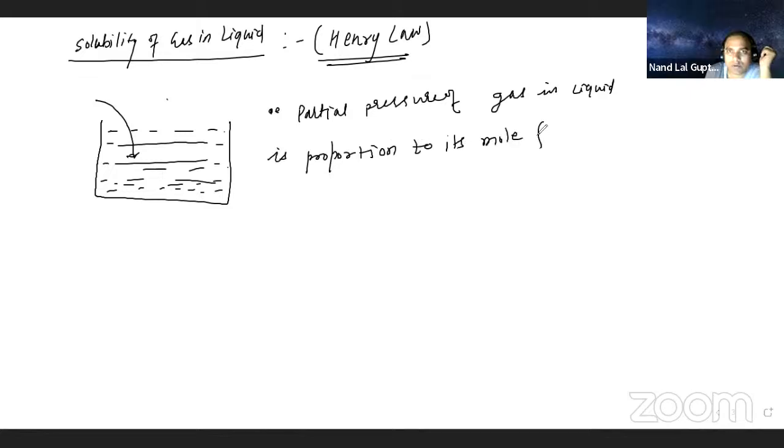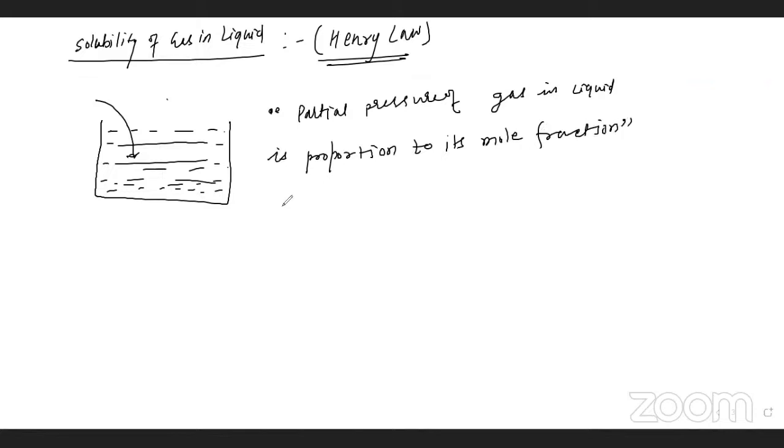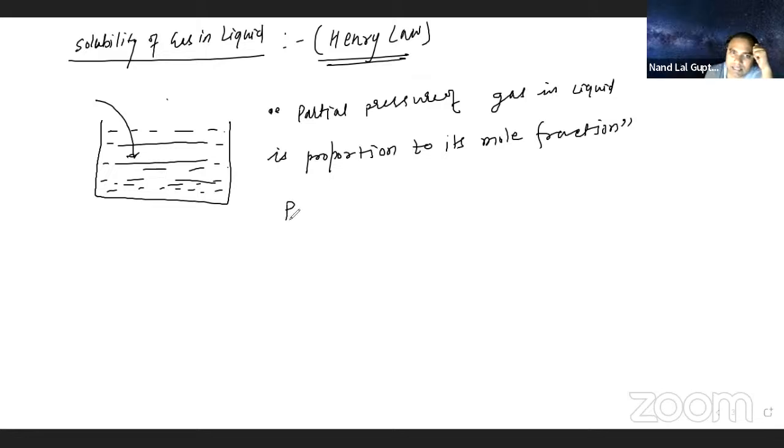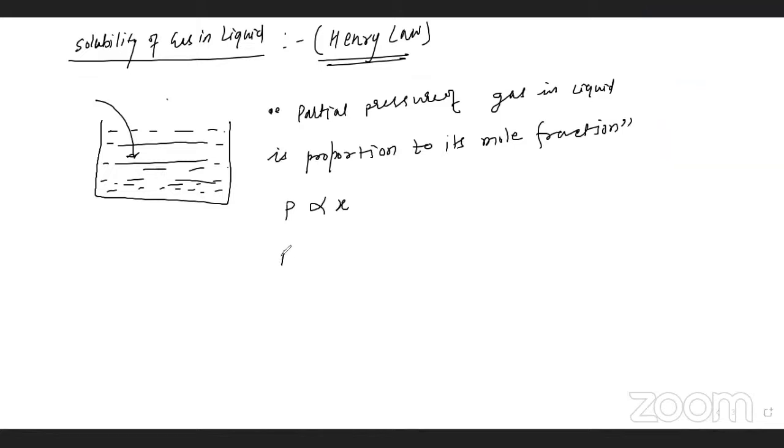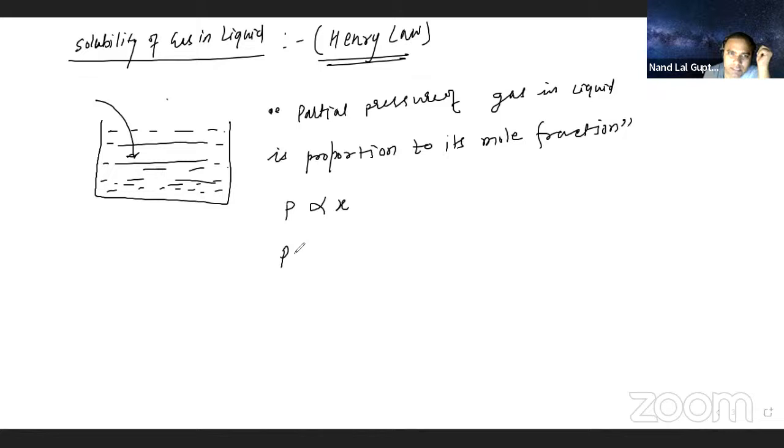In terms of partial pressure, for any gas, P is proportional to x. And if you remove the proportionality sign, P is equal to KH x.